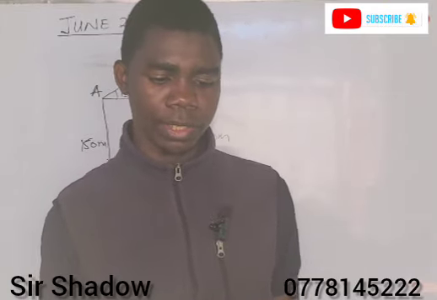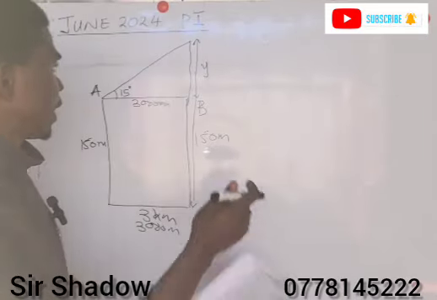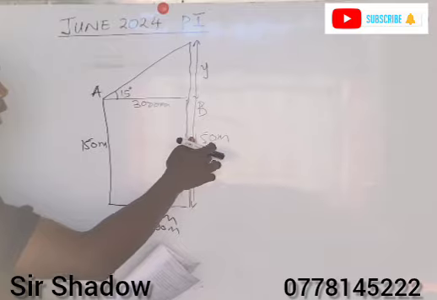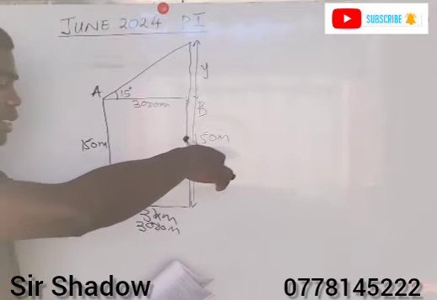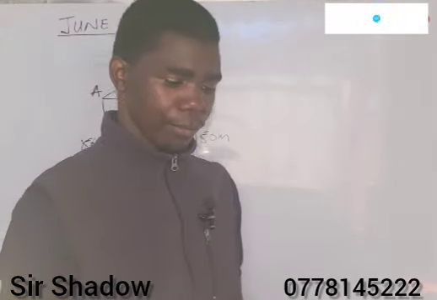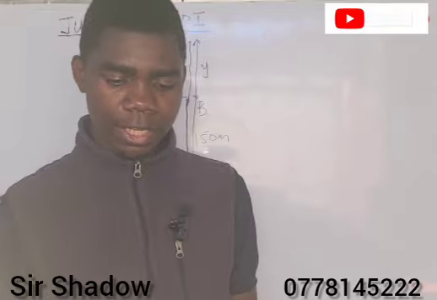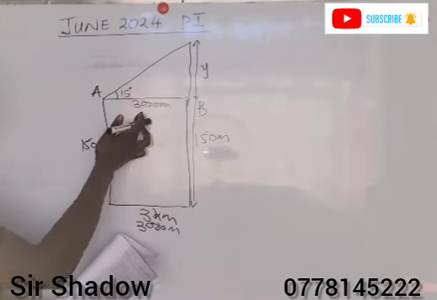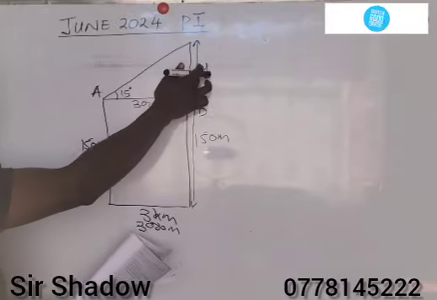Then we are asked to find the height of B above sea level. So we want to find the value of y, so that y plus 150 becomes the height of B above sea level. What we are given here are the adjacent and the opposite.